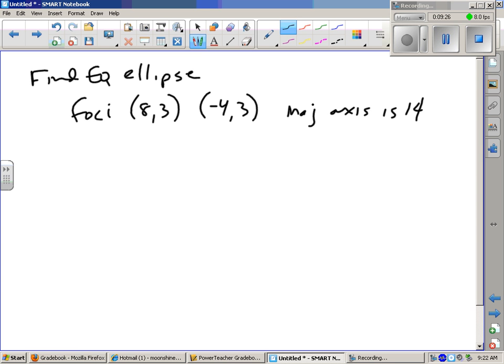Okay, so let's plot and see what we have here. If I go over 8, 1, 2, 3, 4, 5, 6, 7, 8, and up 3, I'm about here. If I go negative 4 and 3, I'm here. So these are the focus points. The ellipse is going to be around these, okay?